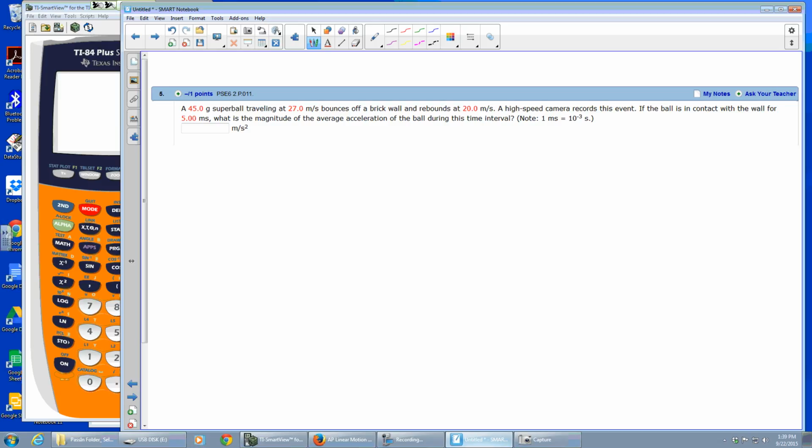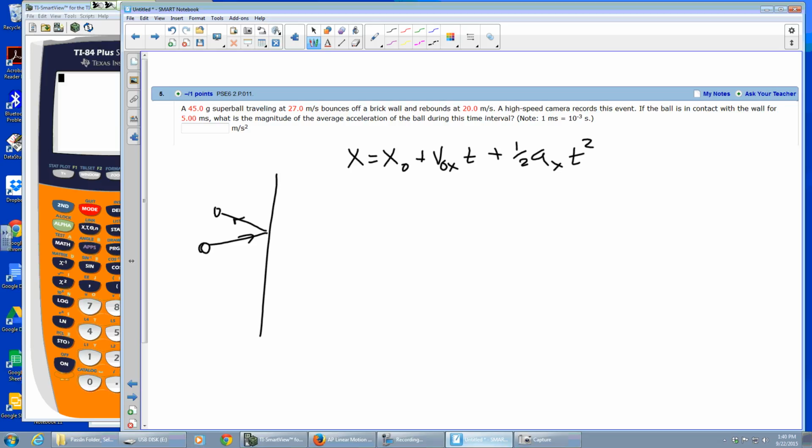So I should use that x equals x naught plus v naught x t plus 1/2 a_x t squared as my idea again. I've got the wall, I've got the ball, it comes in and it hits and it comes back out. Again, which way do you guys want to call positive? Into the wall or out of the wall? Into the wall. Good, we'll call that positive.